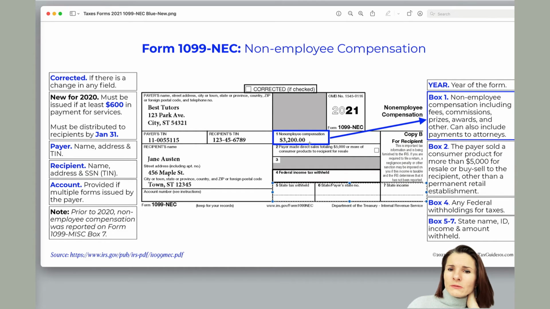It can be substantial, because let's say this is $15,000 and there's no withholding. That's $15,000 of income that you didn't have any withholding on, and maybe this is a gig job in addition to your standard job for which you had withholding, so you might fall short. People are always surprised when they have to pay self-employment tax, because obviously here we don't have any Social Security or Medicare withholdings.